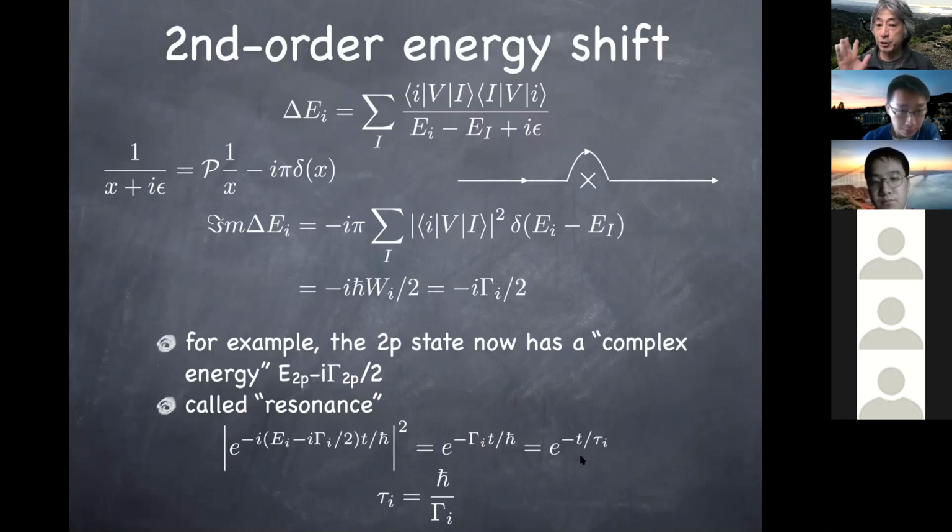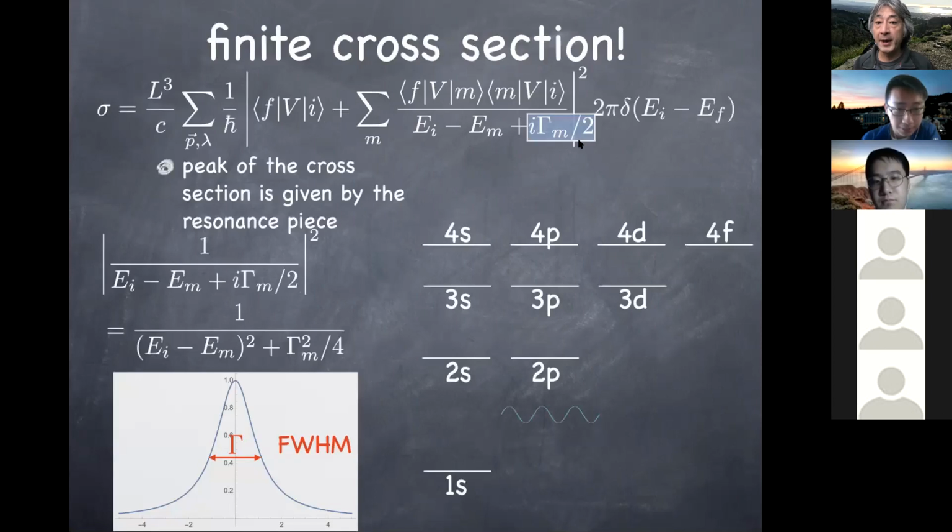So this was actually a sloppy argument. But now we made the argument more precise. Once you know that the energy has an imaginary part, we know the cross-section is now finite, as we wanted to understand from the beginning. The cross-section is finite but has a peak, and the behavior near the peak is given by the behavior of the denominator. This is a function of energy, namely a behavior in the frequency domain.